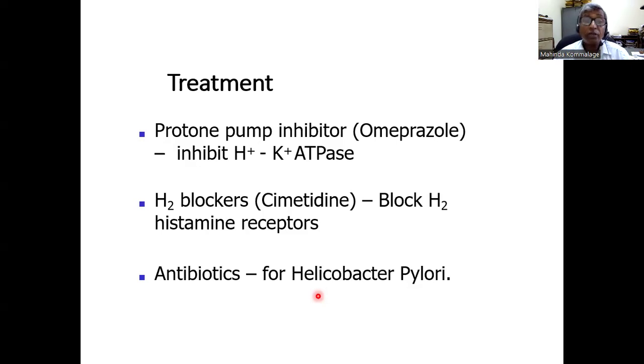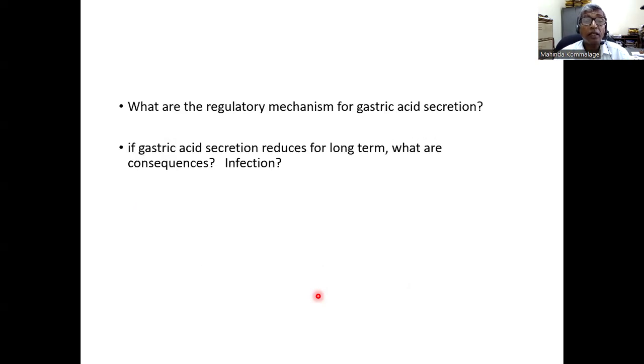So these are the treatments, and probably again you will learn them in your tutorial, right? So later try to answer this question: what are the regulatory mechanisms of gastric acid secretion, right? So I explained with details, steps, types, and regulation.